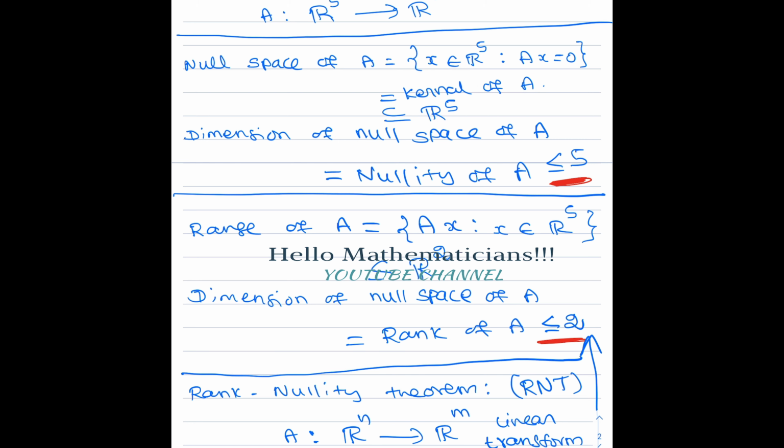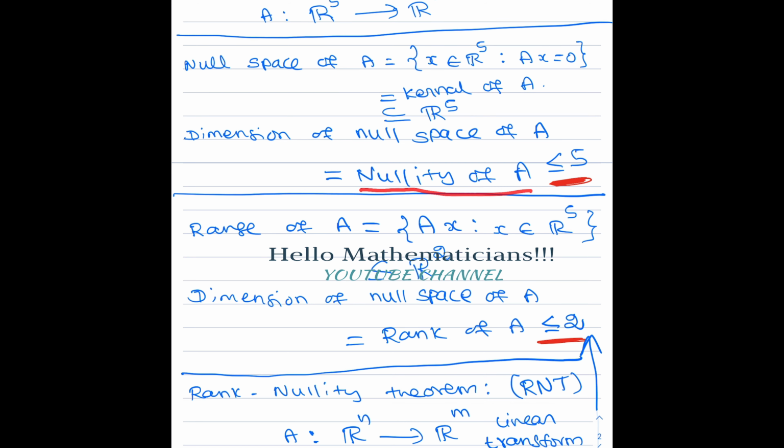Therefore the dimension of the null space, which we call the nullity of A, is less than or equal to 5. That is our first observation. So for any linear transformation from R power 5 to R square, the nullity will always be at most 5.